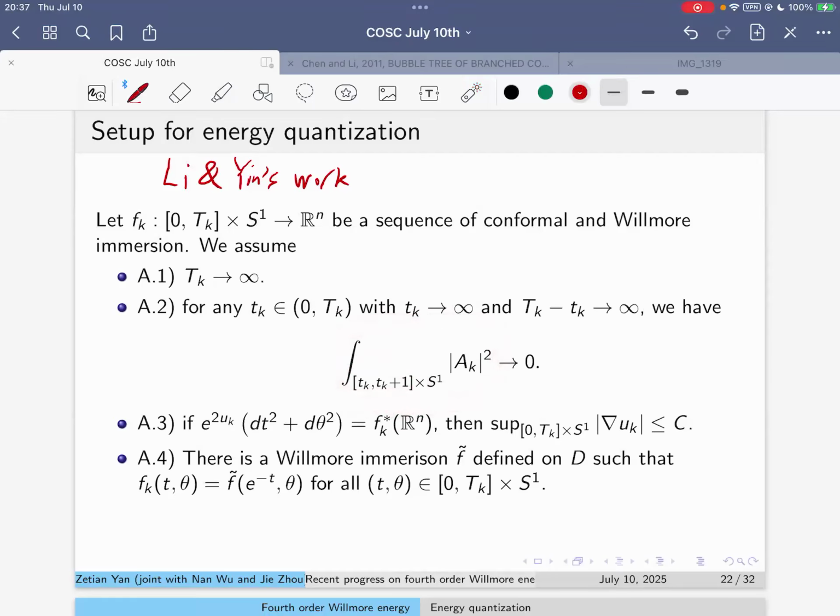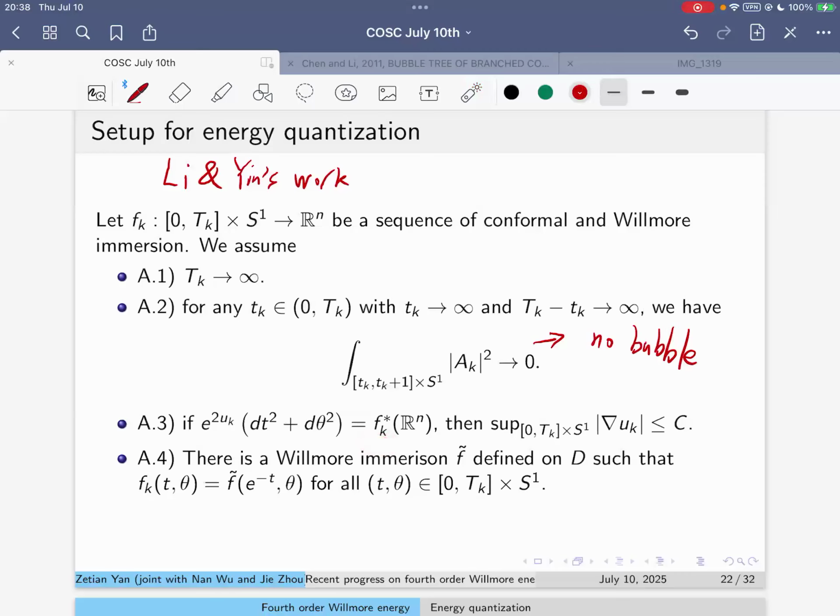Here, it says that no bubble. So it means there is no concentration of the energy. And the next assumption says that we can assume our immersion is conformal.